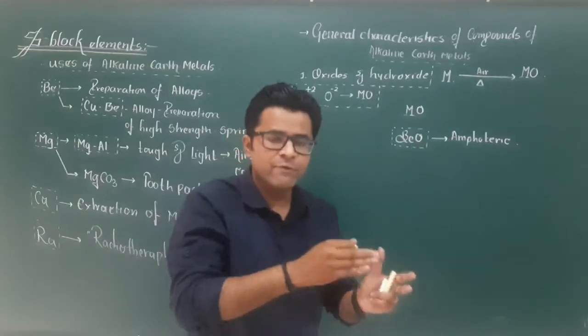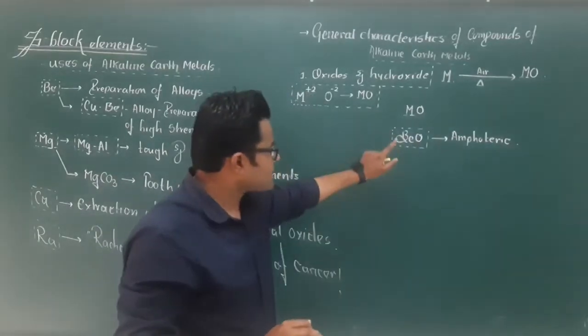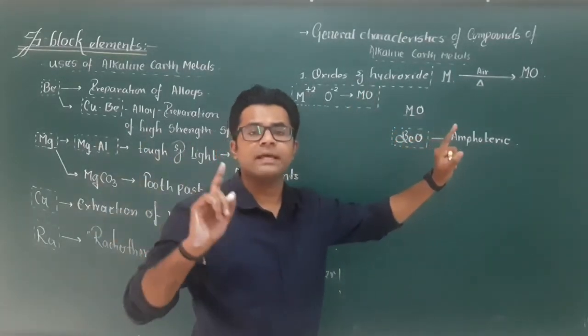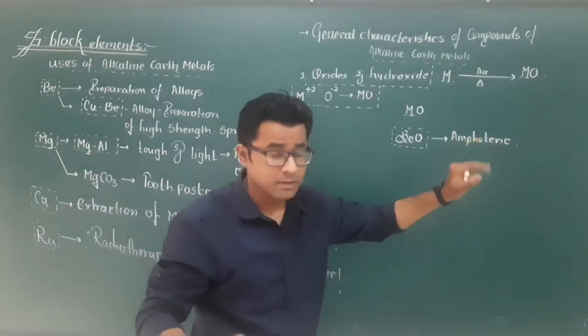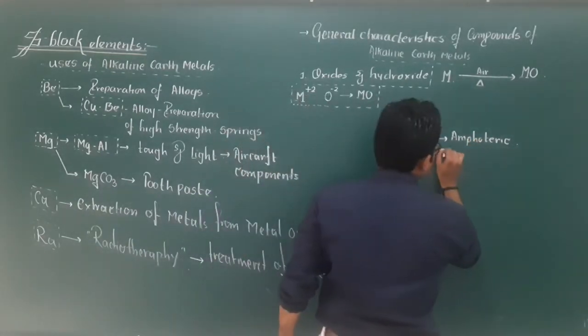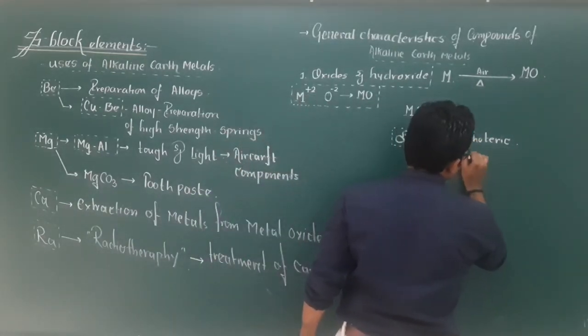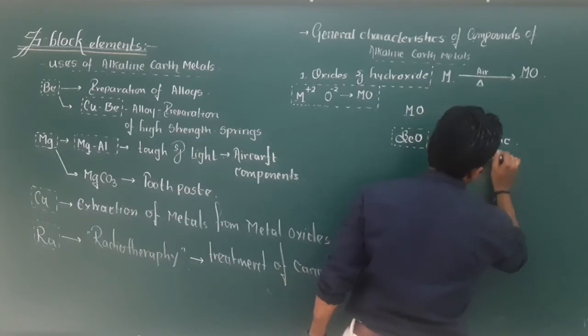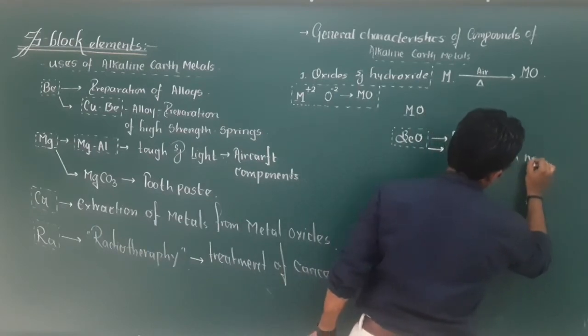Now, what is amphoteric? That is, it can react with acid as well as it can react with the bases. Okay. Beryllium oxide is covalent in nature.